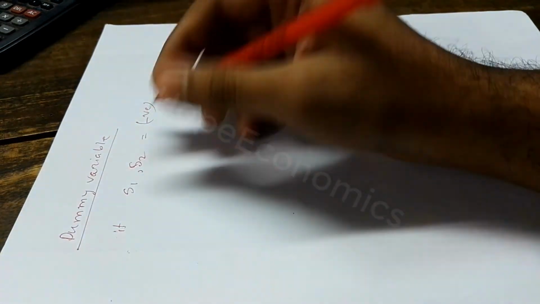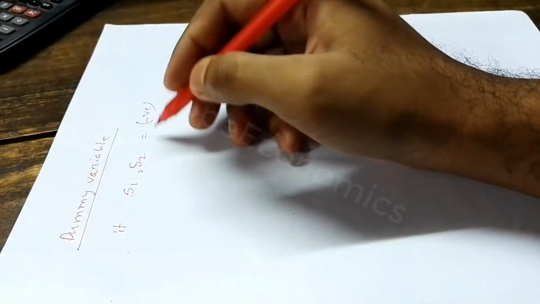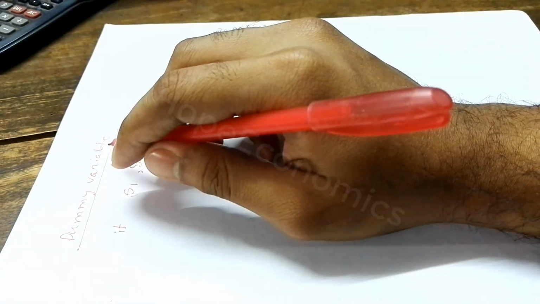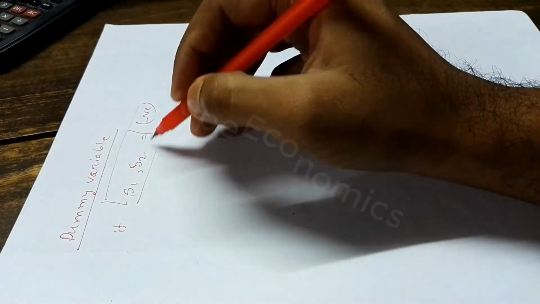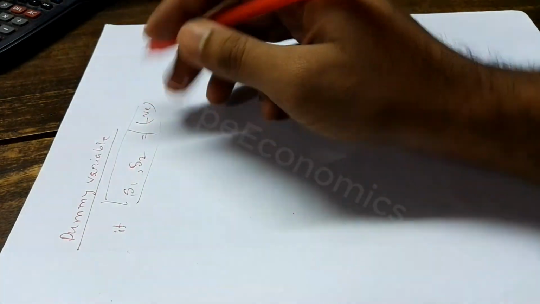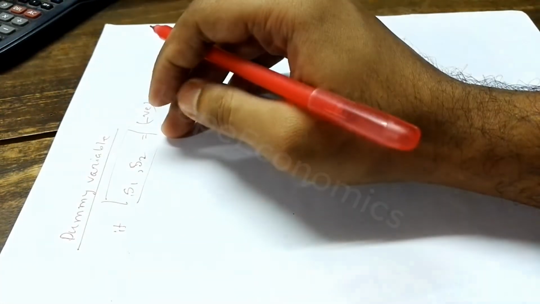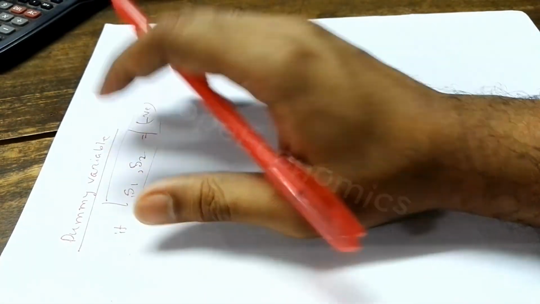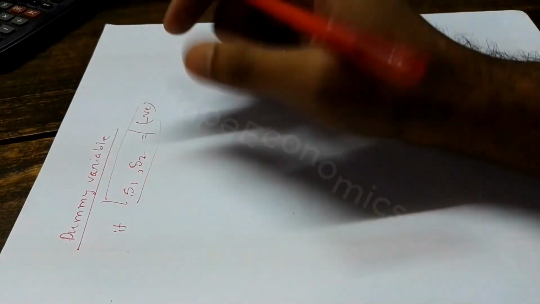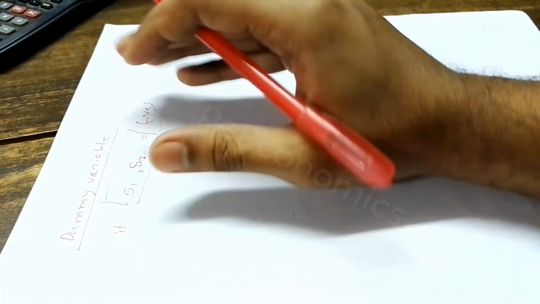Say you're solving a problem and the primary values of S1, S2 or S3, whatever they are, your surplus or slack variables, become negative. Then you have to add another variable named a dummy variable, and you will solve with the dummy variable.